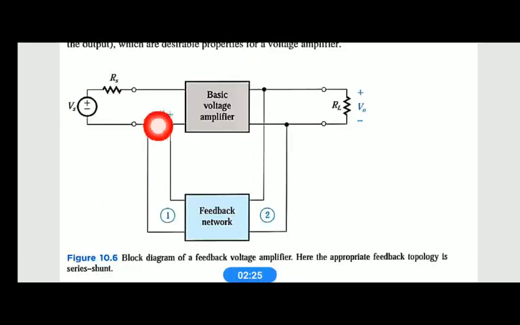So here the basic voltage amplifier amplifies the applied input voltage and gives you the amplified output voltage.